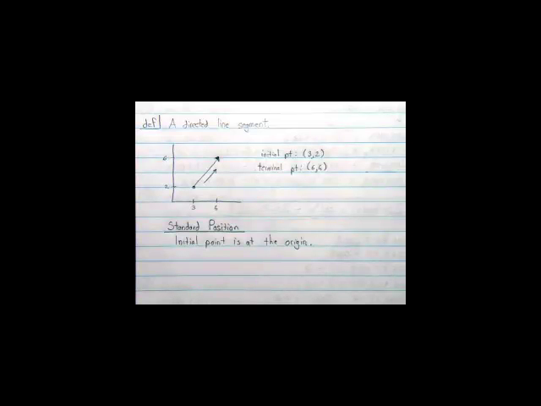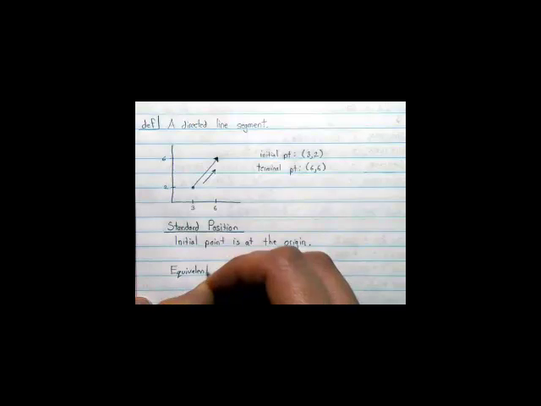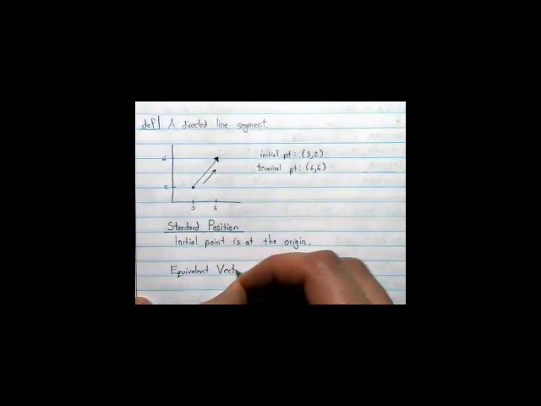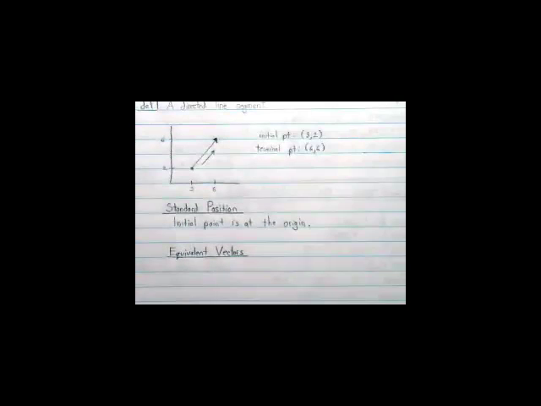So we call them equivalent vectors, but congruent vectors might be a more apt term, though. So equivalent vectors are any vectors that are basically the same, but the only difference is a translation of some sort.